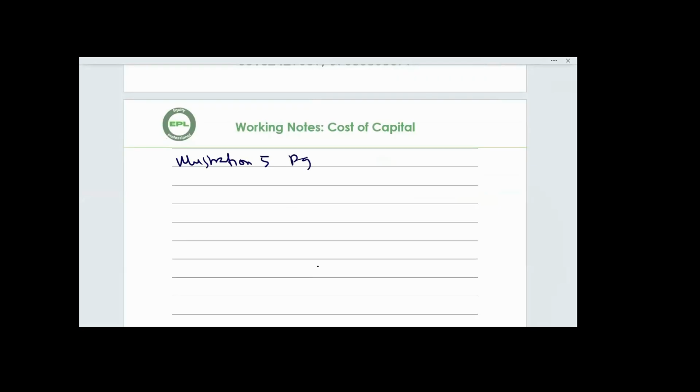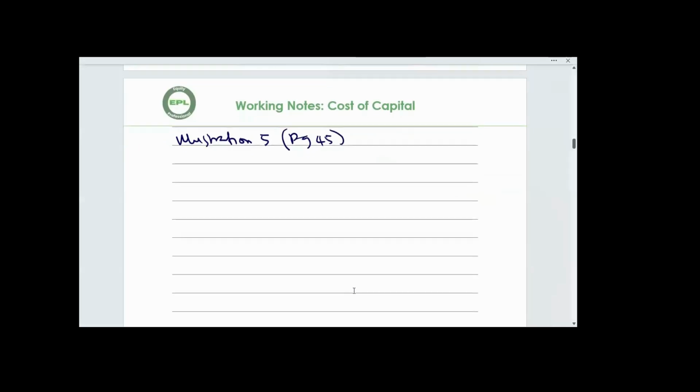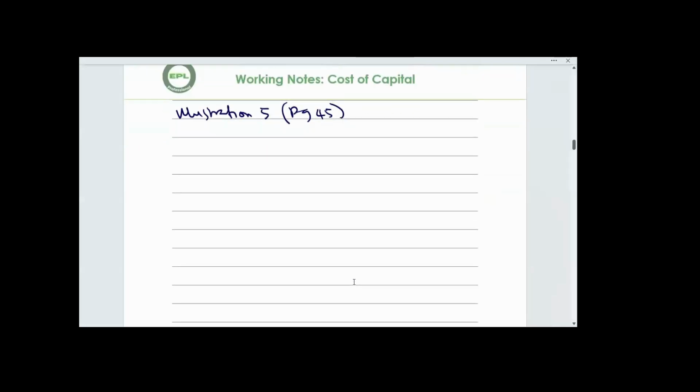Page, I think it's still the same page 45. Let me confirm. Yes, page 45. Okay. I want to calculate cost of redeemable preference share. The name of the company is Johnson PLC.